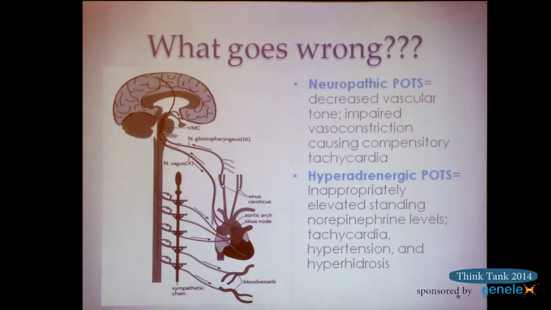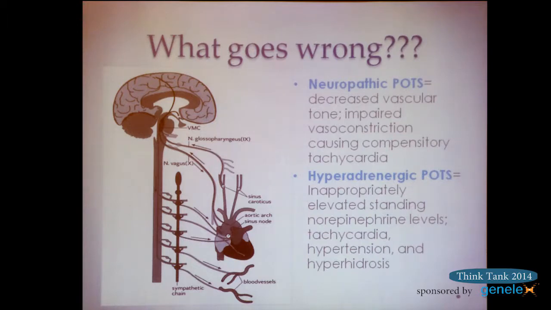She also mentioned the pseudomotor axonal testing. There are abnormalities in that testing in both of these categories, and they have particularly associated symptoms with either of them. Hyperadrenergic POTS has demonstrably elevated standing norepinephrine levels, which are above and beyond what the normal response would be to a positional change.